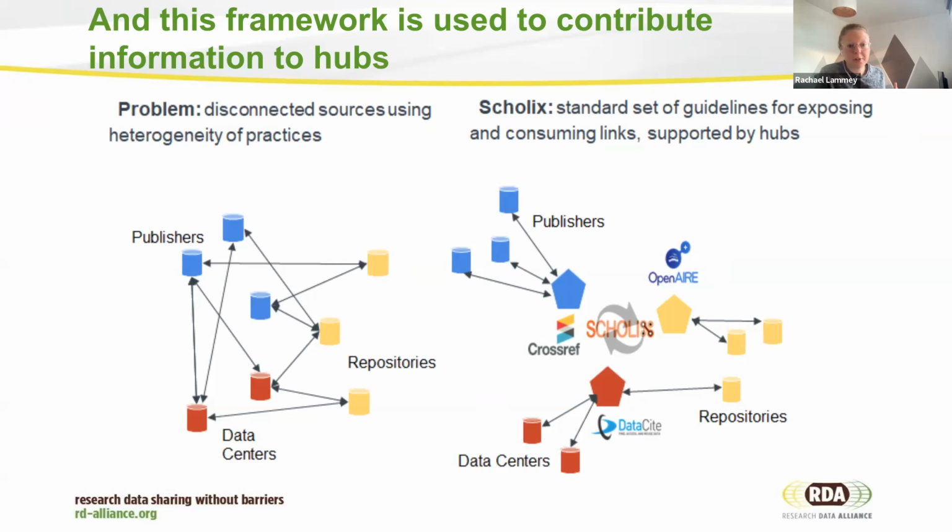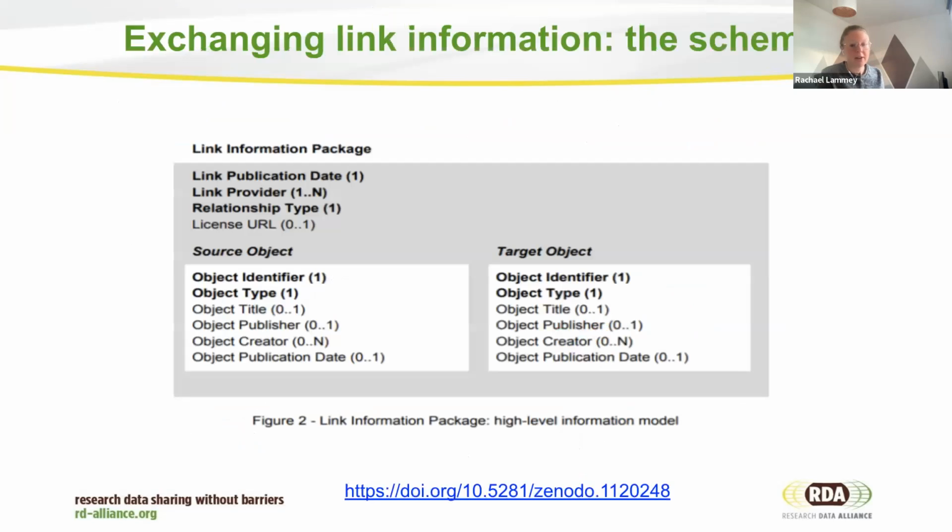Often the folks who are sending us those links also want to consume them, but we can also exchange them with folks like DataCite and OpenAIRE to build that bigger picture of the context in which research is being used. So that's quite a grand aim, but a lot of it comes down to just being able to share information in a standard format and in an open way so that it can be reused.